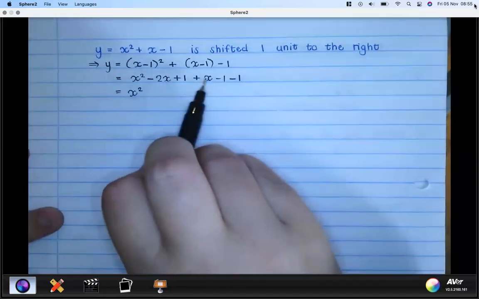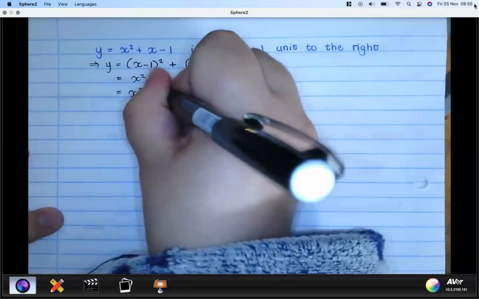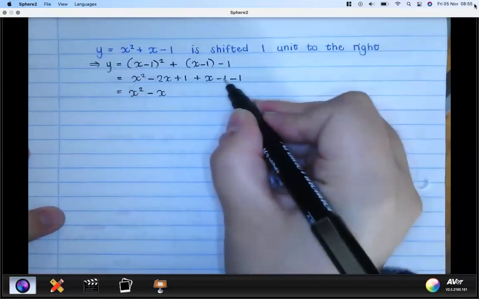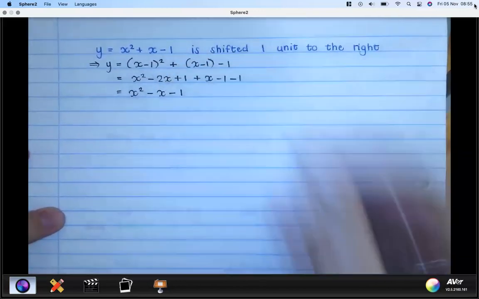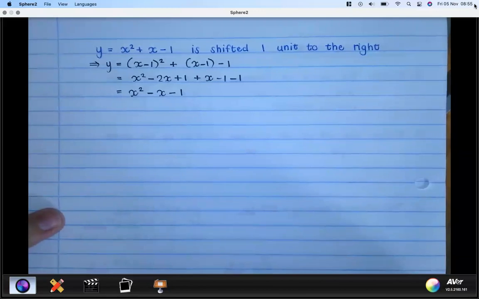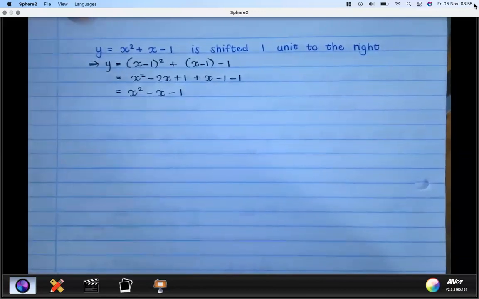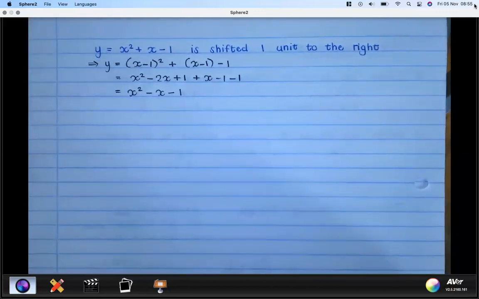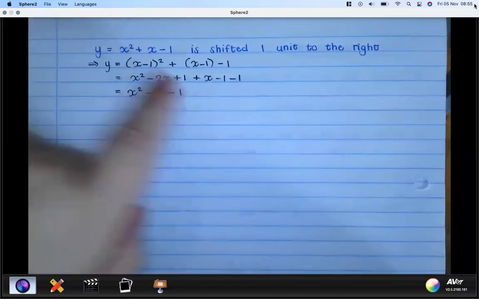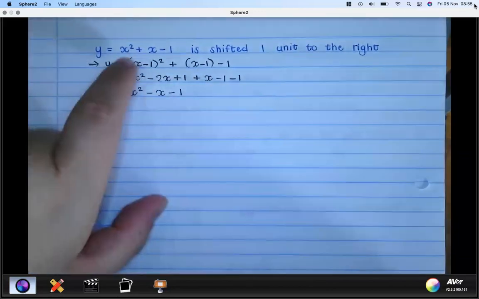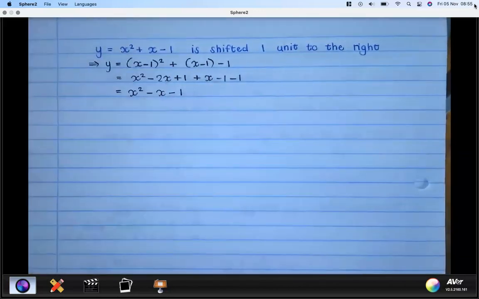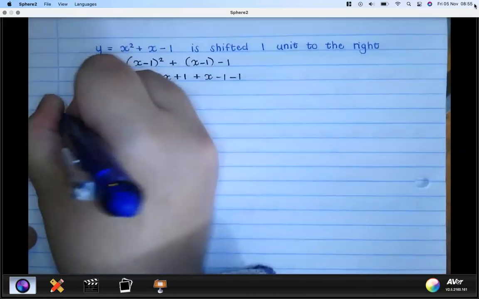Negative 2x plus x is negative x. 1 minus 1 is 0, and then minus 1. So this is the equation of the parabola that you get when you shift this one unit to the right. Like I said, you apply the x shift to both of the x's that you have in the equation. So that is a shift to the left or the right.